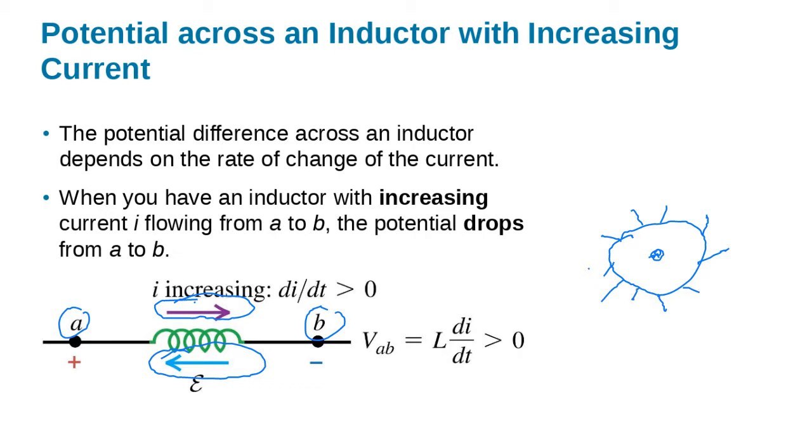Then if this is in a water circuit, let's say we've got some pipes here, and we can flow water through it, then this water wheel is a good analogy, I think, for an inductor.